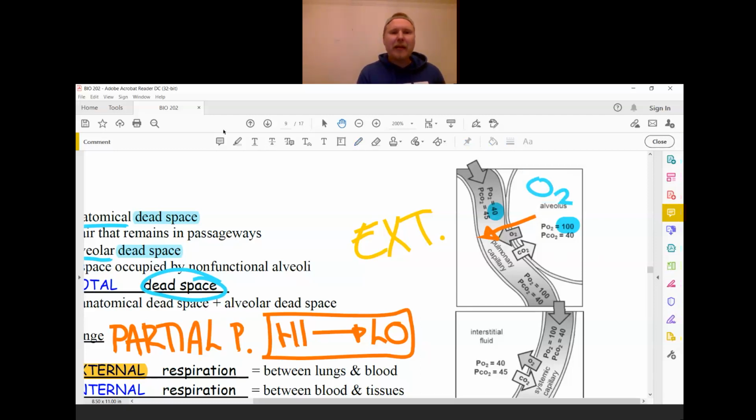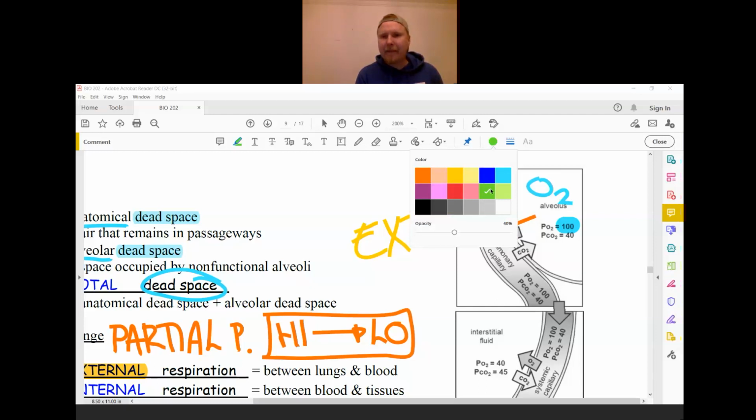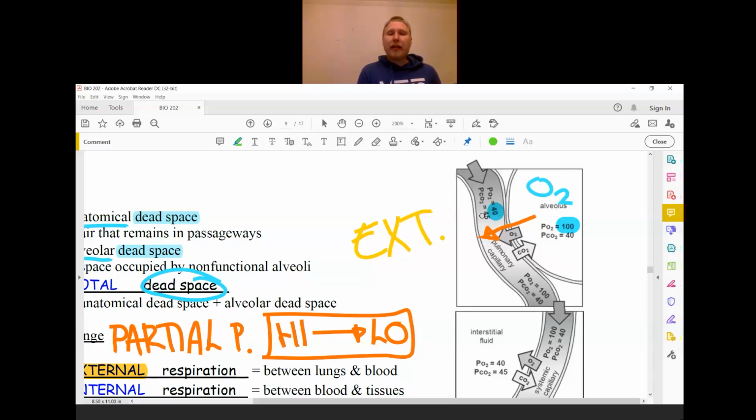Let's look at the movement of the carbon dioxide next. Well, the blood returning from the systemic circulation to the lungs is going to have a partial pressure of carbon dioxide of about 45 millimeters of mercury, whereas the partial pressure of carbon dioxide in the air around us is going to be about 40 millimeters of mercury.